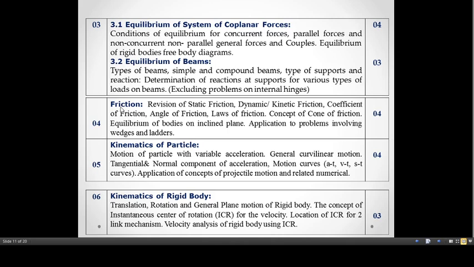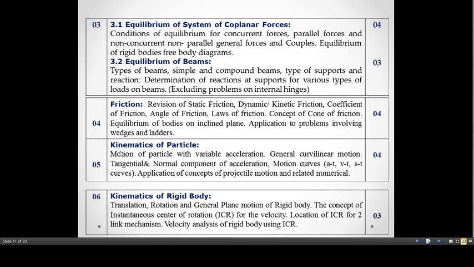Then in the next module, friction, we will cover these topics: revision of static friction, dynamic or kinetic friction, coefficient of friction, angle of friction, laws of friction, concept of cone of friction, equilibrium of bodies on inclined plane, application to problems involving wedges and ladders.